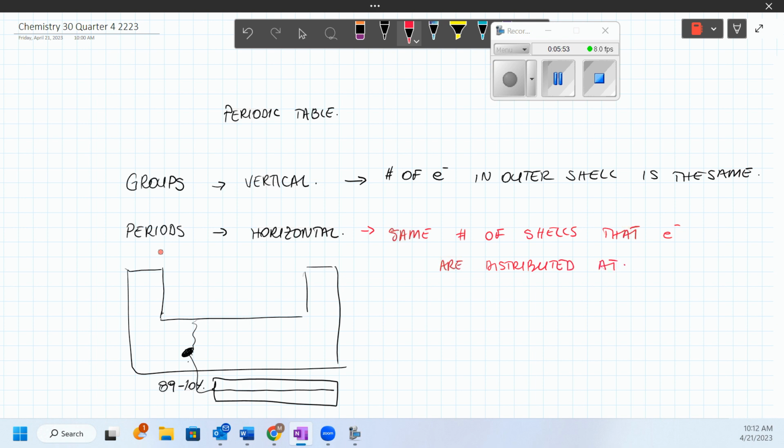If we have an element that has, let's suppose, 16 electrons, they are not all in one place.